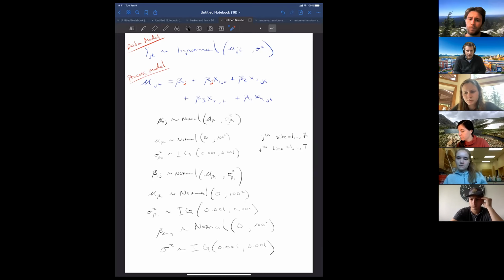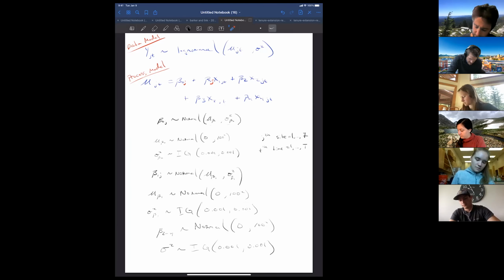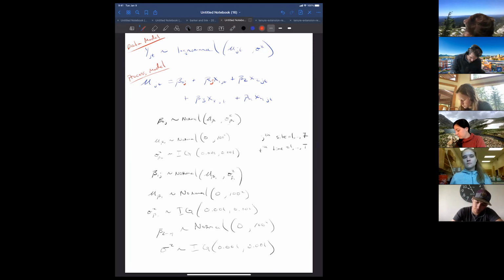Before we do that, though, just so we get it done before the end of class, let's take this model statement and write it into a joint distribution. And just for completeness, let me put in the prior distributions here.